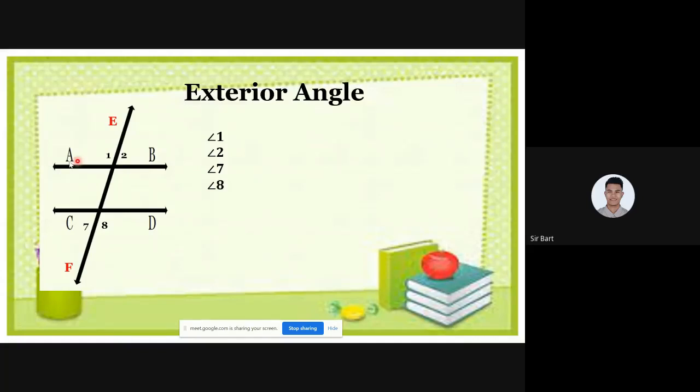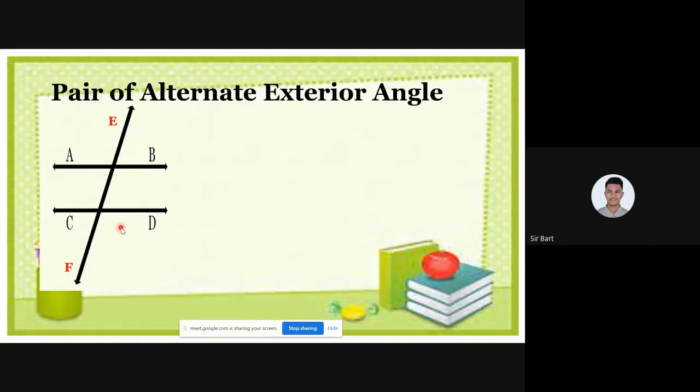Pairs of alternate exterior angles. Alternate means angle 1 and angle 8, angle 2 and angle 7.